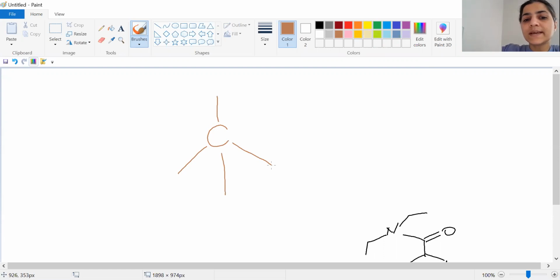In this particular set, this bond, which is coming out, and this bond, which is going at the back, both of these bonds are in the same plane, while these two bonds are in the same plane to each other. There are 4 groups around this carbon.